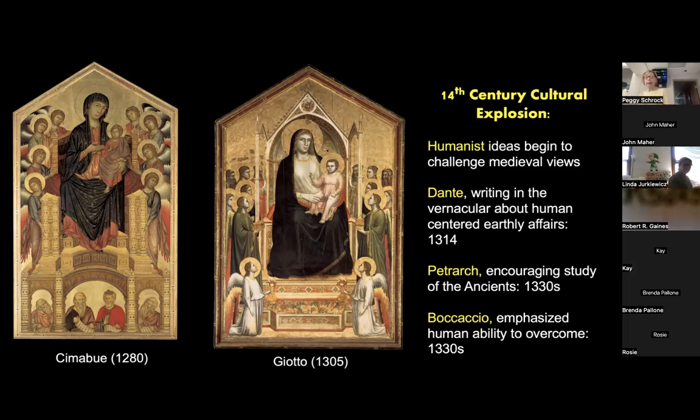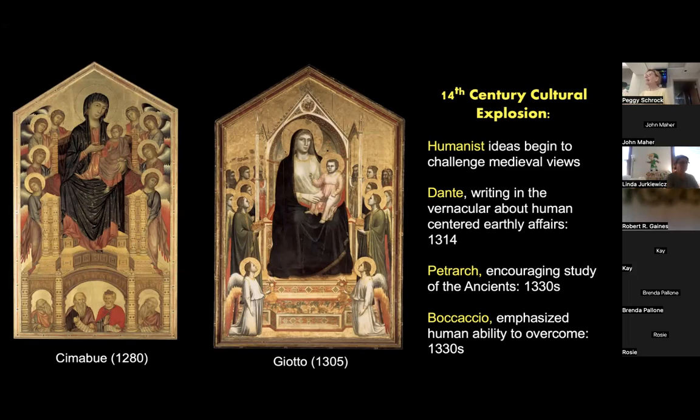And we made this comparison between Cimabue, who was much more linked to an older, really Byzantine style, very flat, while his student Giotto was giving people really what they clearly wanted, which was a more modeled form, more three-dimensional, creating a real sense of space around a three-dimensional figure.